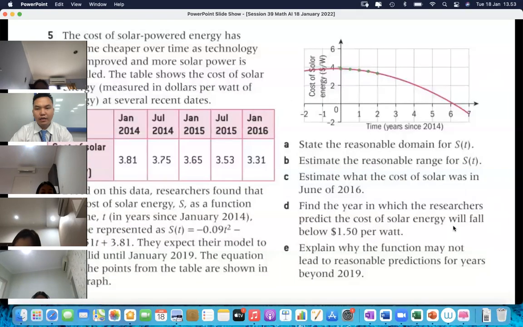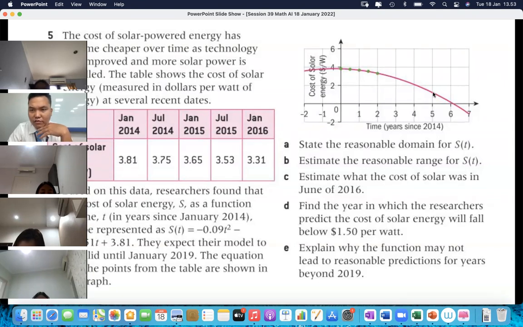Okay. Explain why the function may not lead to reasonable predictions for a year beyond 2019. Now, beyond 2019, basically, 2019 is 5 years after: 1, 2, 3, 4, 5.